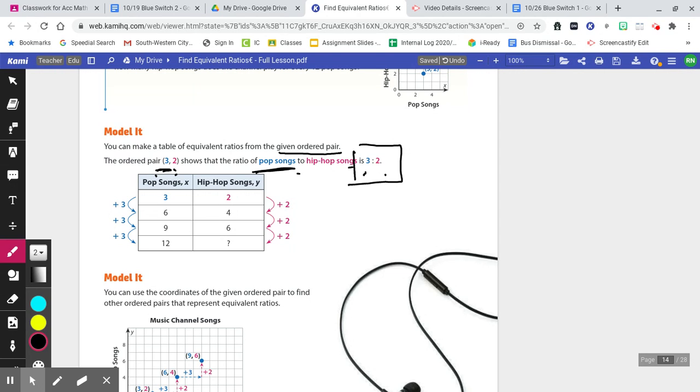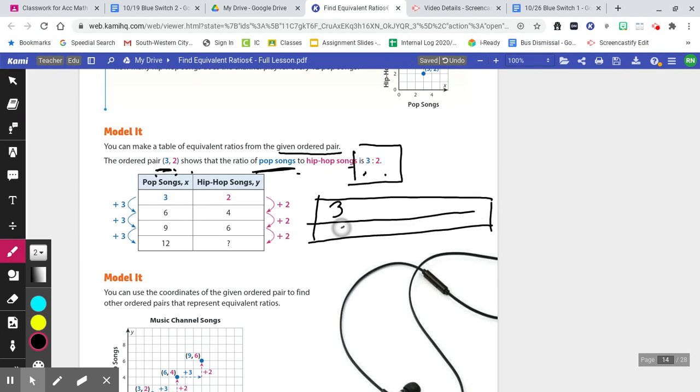So I could do a vertical table like this. I could do a horizontal table like I think we did yesterday. I could do 3 to 2. I could do 6 to 4. So we have the horizontal table or a vertical table.